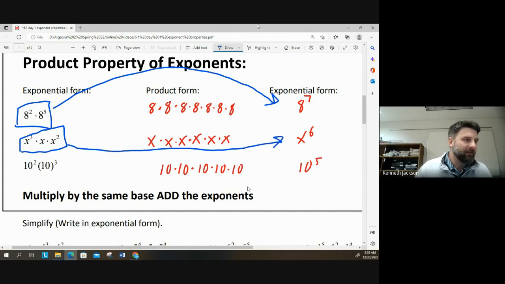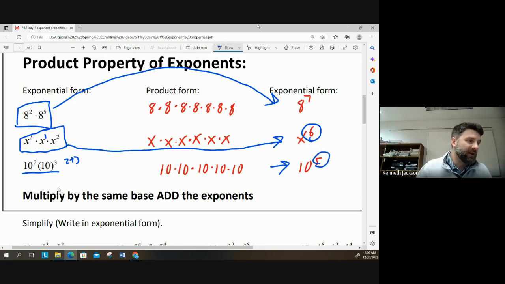And again, last one, 10 squared, 10 to the third. How could I skip all of this and end up here? Well, how could I end up with 7? 2 plus 5. How could I end up with 6? Well, that could be 3 plus 3. And then 10 squared and 10 to the third, that could be 2 plus 3, which would give me 10 to the fifth.